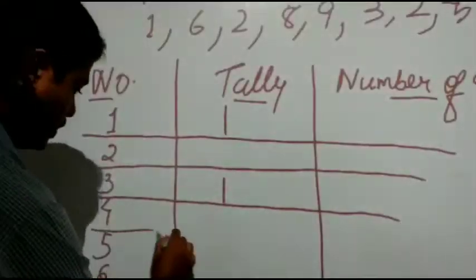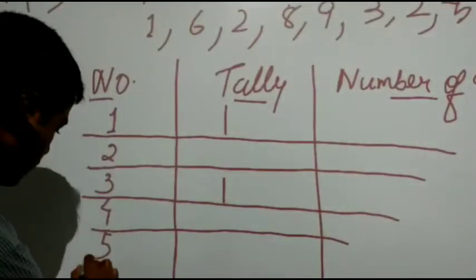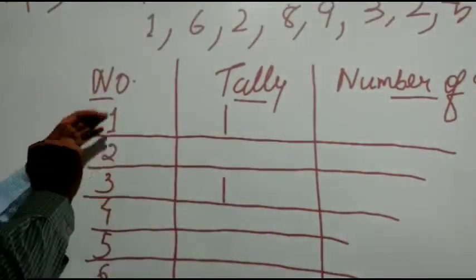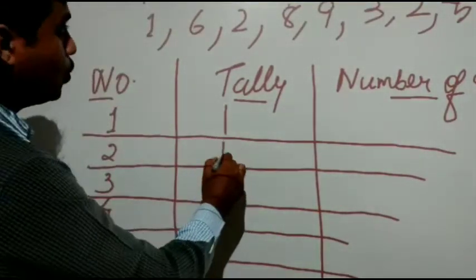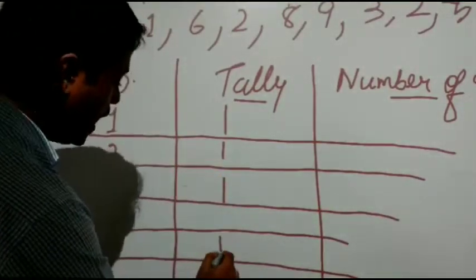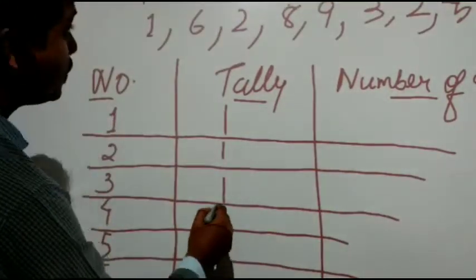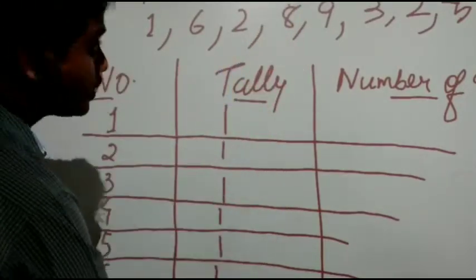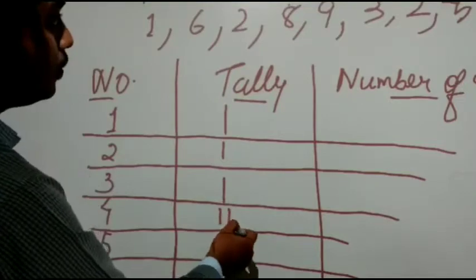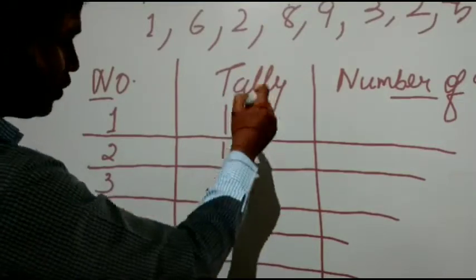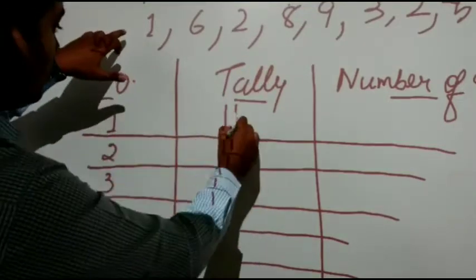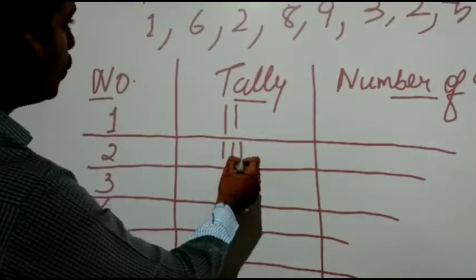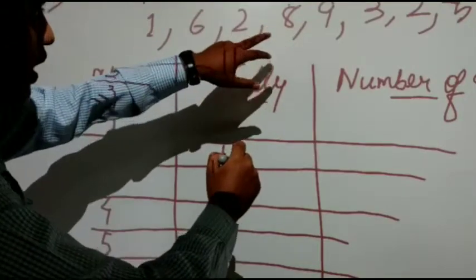I'm just dividing it, okay? Now we have gone to 3, then 2, then 5, then 4, 6, then 7, again 4, 3, next again 2, 1, next 6, again 2.